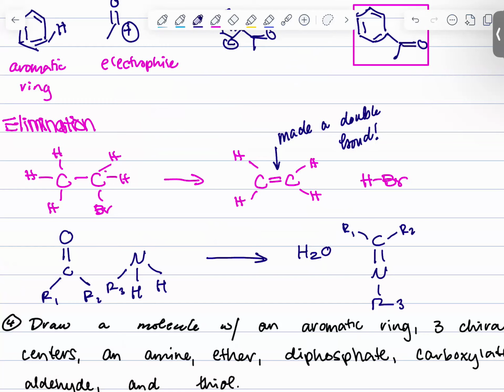Questions on imine formation. This is our most recent reaction. And the important parts to remember is that you're taking an acyl of some kind, an amine of some kind, and you will make water and your imine.